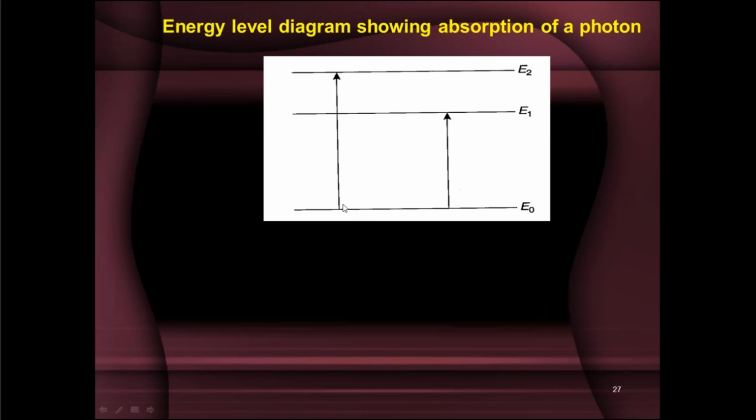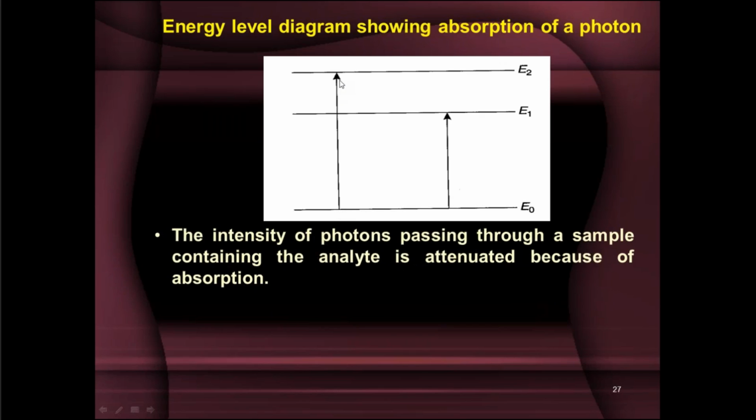So this electron, upon absorption of energy from a photon equal to E2 minus E0, will undergo a transition from the lower energy ground state E0 to the higher energy E2. So this is also absorption. In both cases, upon absorption, we say the electrons have got excited. They have gone to the excited state.